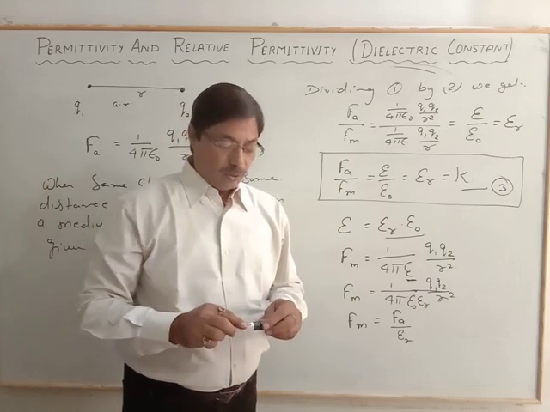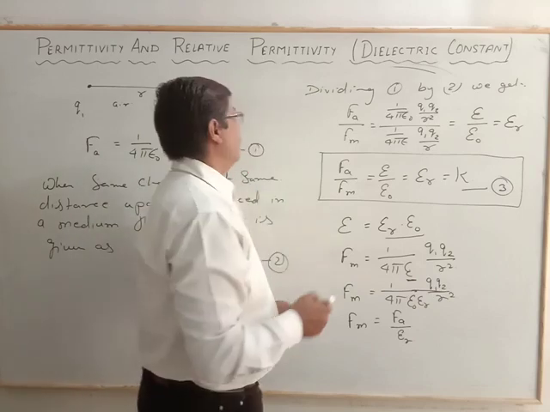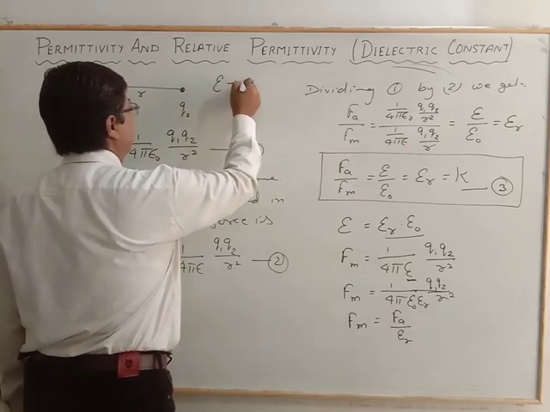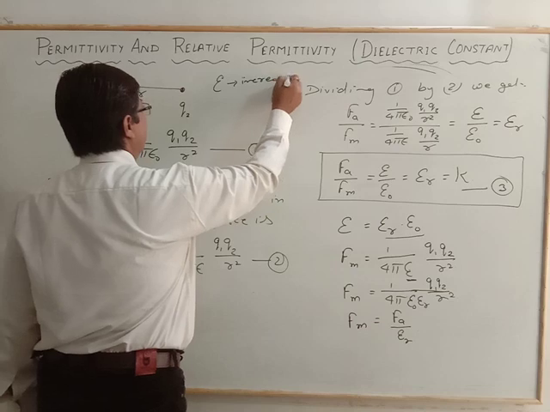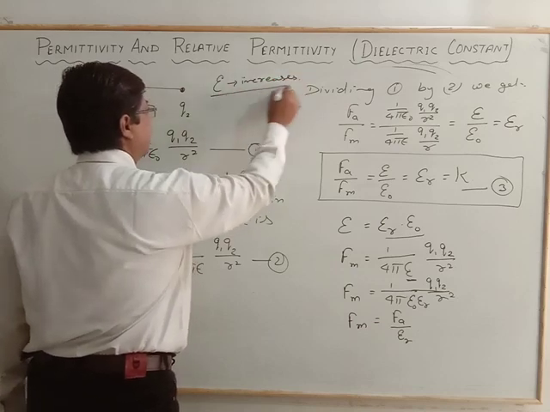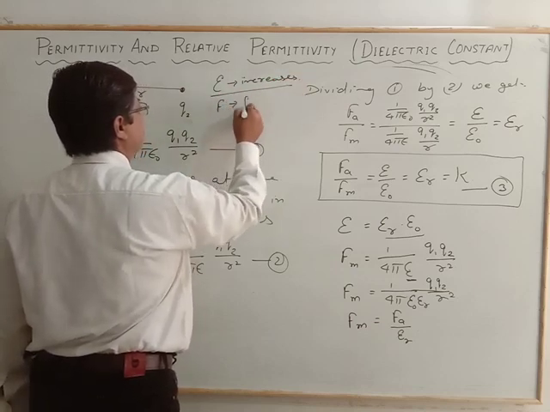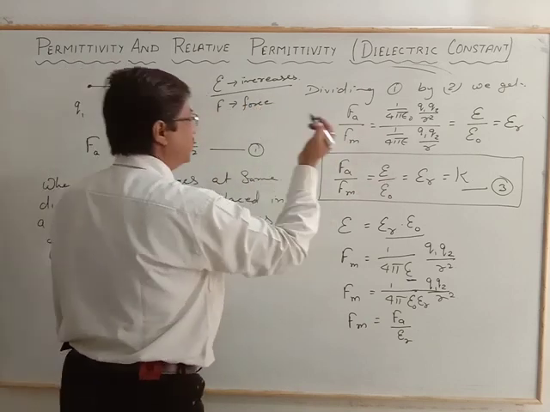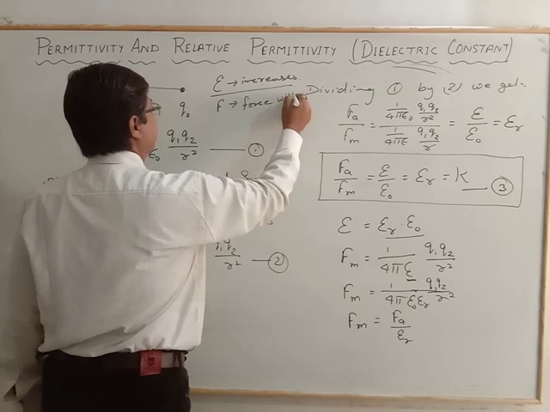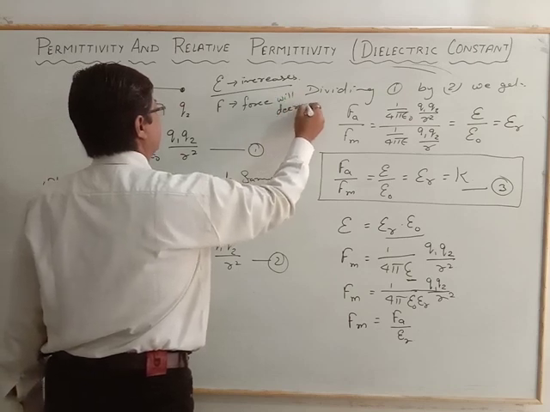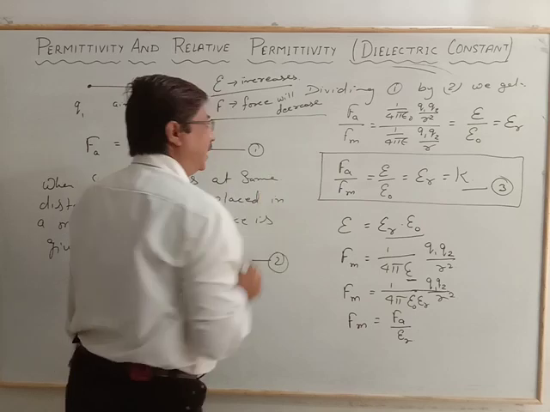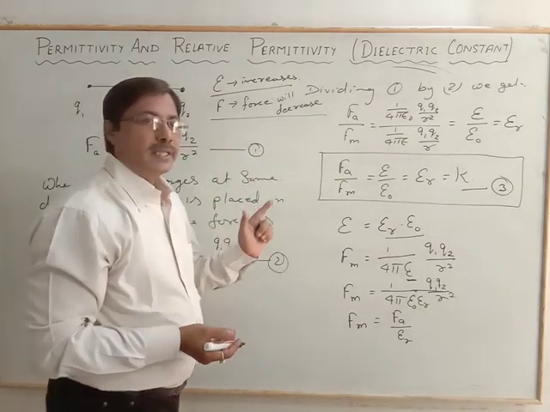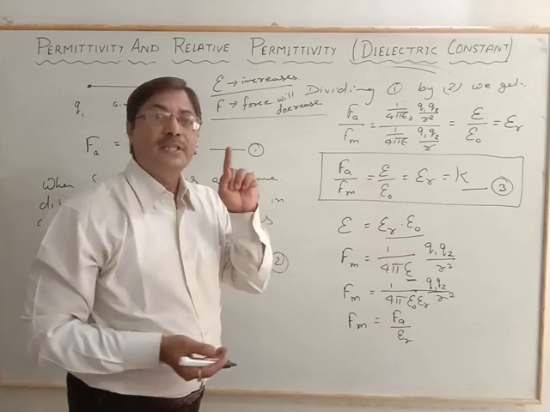So we come to the conclusion that whenever the permittivity increases, the force between the two charges will decrease. Why is it so? In the beginning we came to know that the permittivity stands for the medium.